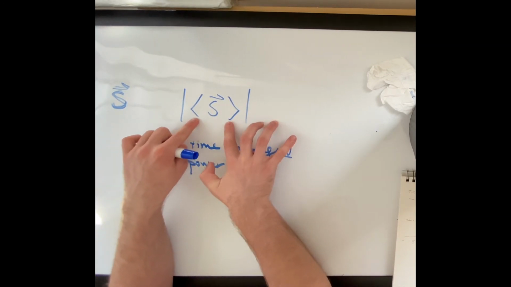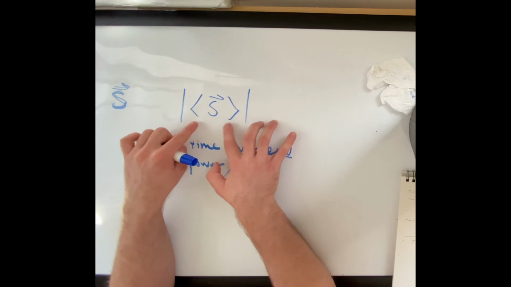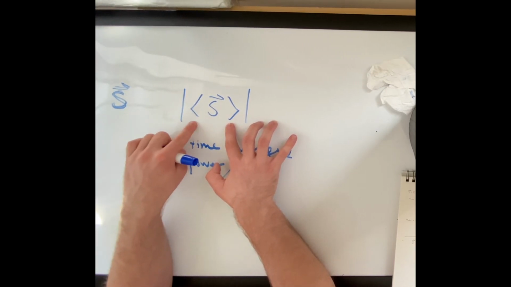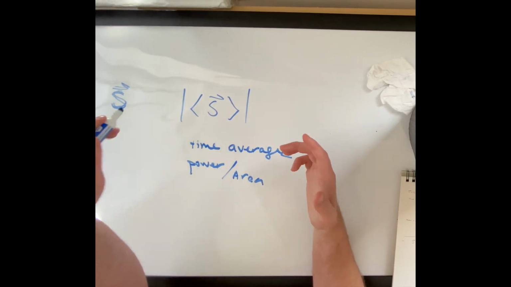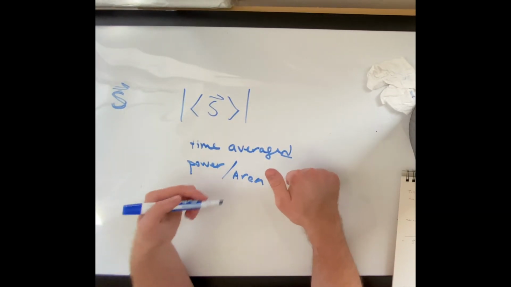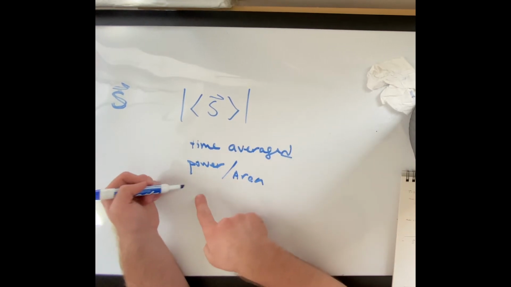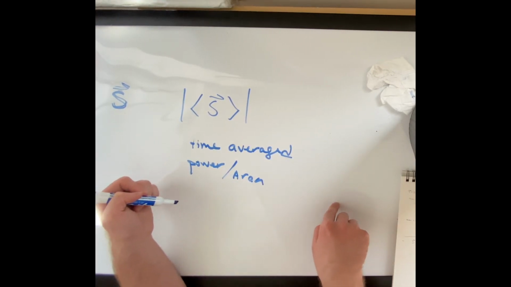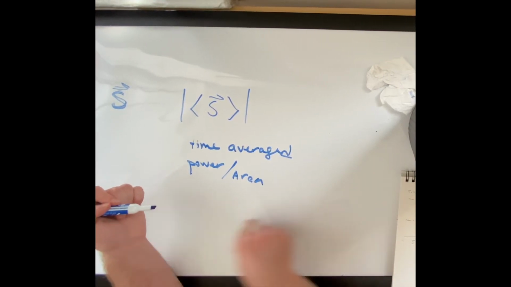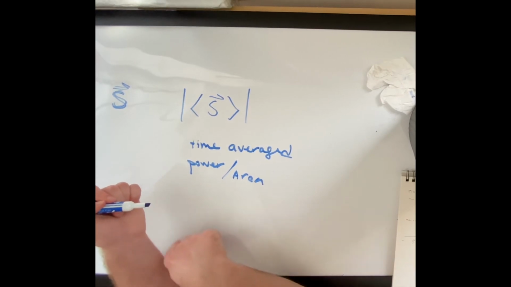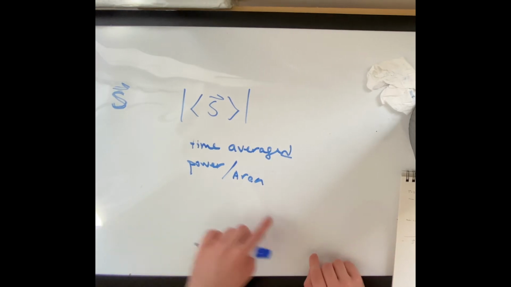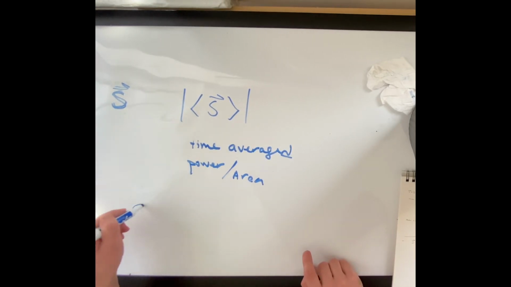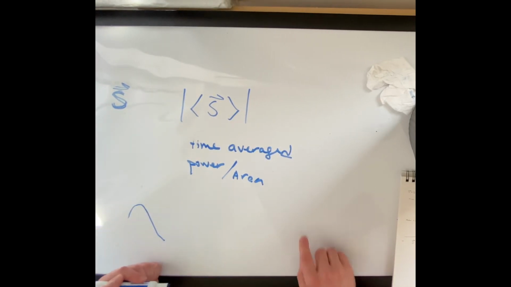These bracket things in here mean time averaged. The point is that we don't actually care about the waves going up and down and up and down; we care about it over time. So if you take the power you've received over a full period, say a period is 1 second, it's going to oscillate, but it's never going to be negative.